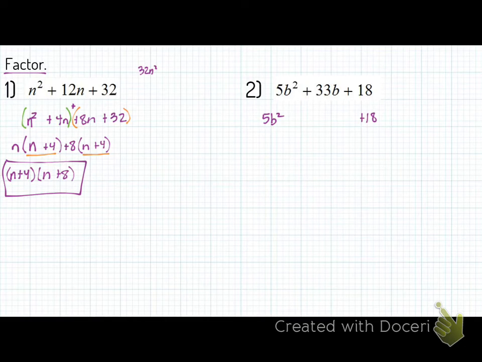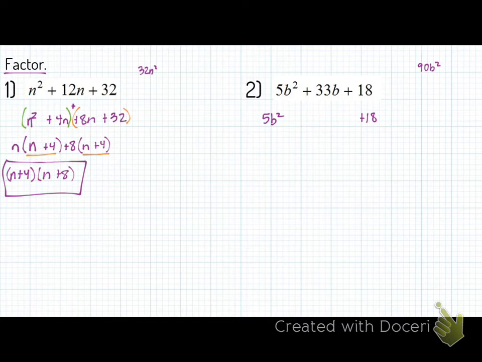Okay, so I want to break this apart, so I need to know what to multiply to. 5b squared times 18: well, 5 times 18 is 90, and then we've got b squared. So 5b squared times 18 is 90b squared. So I need to figure out what times what equals 90b squared but adds up to 33b.